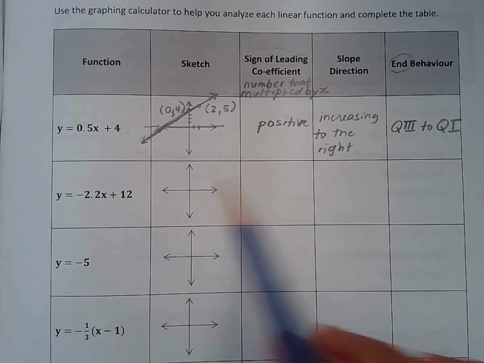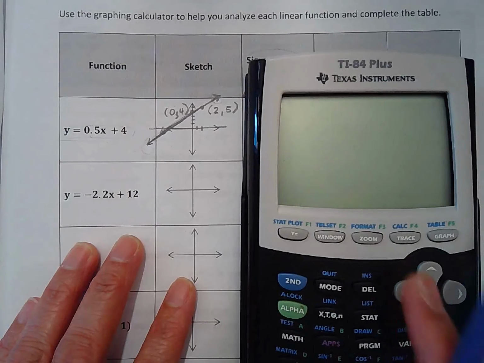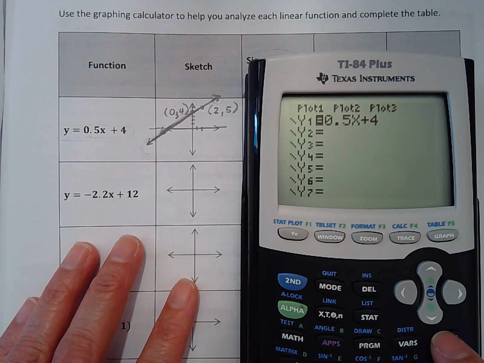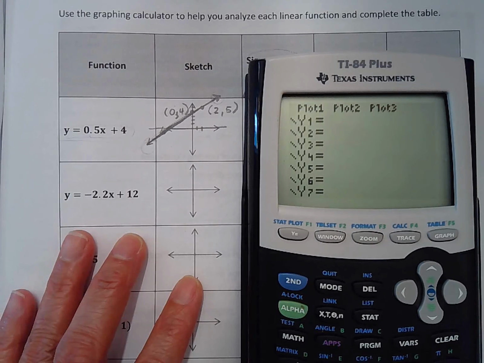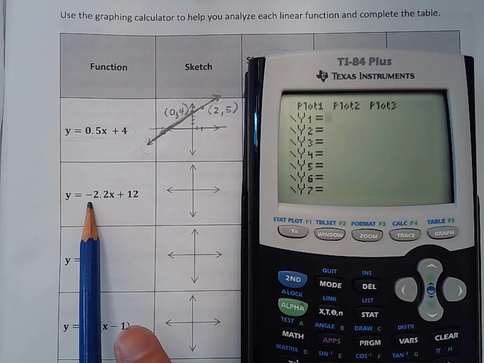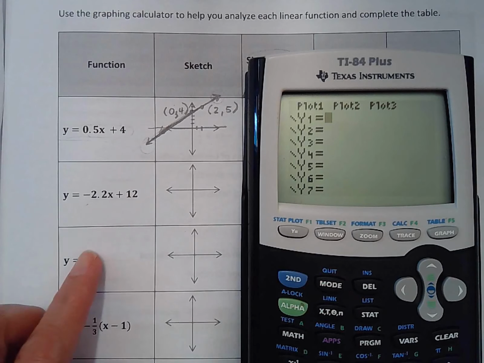Okay, let's graph this thing. Okay, so y. You can clear it. We'll just clear it. Okay, this one here is negative, so make sure we type in negative 2.2.